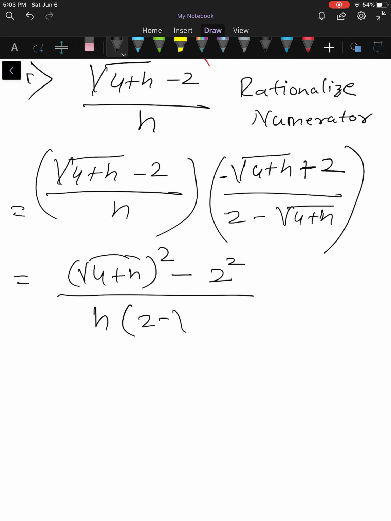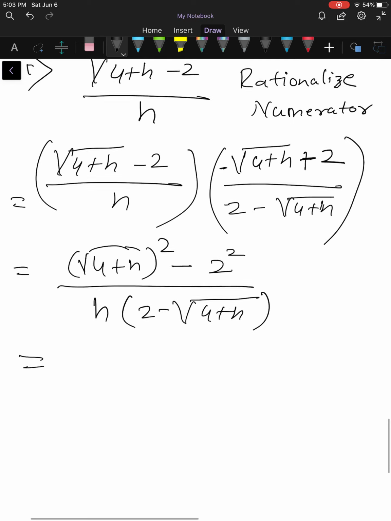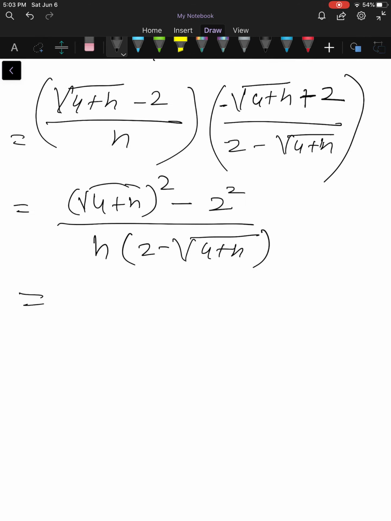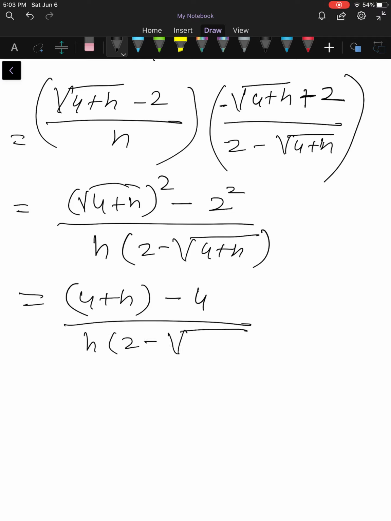I'll write the denominator as it is, h times 2 minus square root of 4 plus h. So this gives us 4 plus h in the numerator, because you are squaring the square root, minus 4, divided by h times 2 minus square root of 4 plus h.